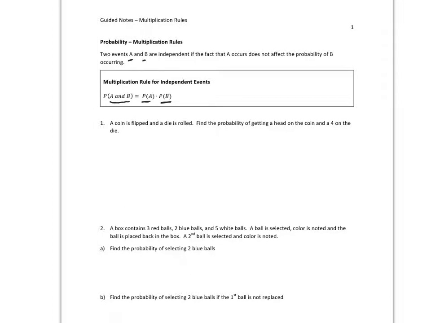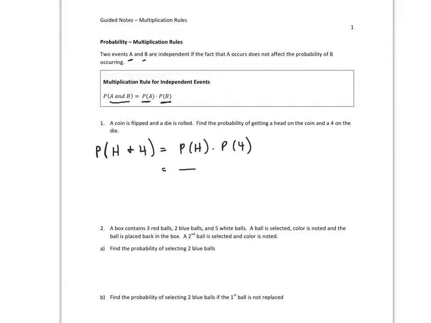So in number 1, a coin is flipped and a die is rolled. Find the probability, always write out what you're trying to find, of getting a head on the coin and a 4 on the die. So that will be the probability of a head times the probability of a 4. All right, probability of a head.